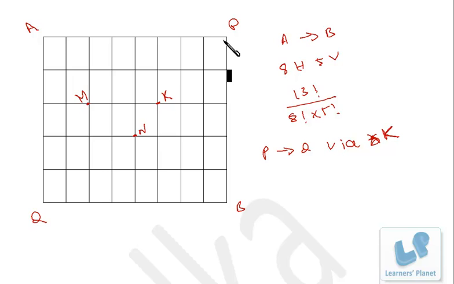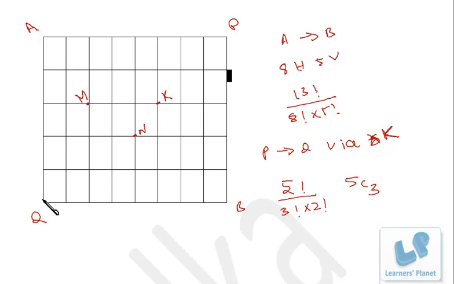We have to reach P to K. Now how many steps will be there? 1, 2, 3, 3 horizontal and 1, 2, 2 vertical, right? So the same way 5 steps are there, and 5 factorial, 3 horizontal, 2 vertical. So these are the number of ways from P to K, right? So this is what? 5C3.